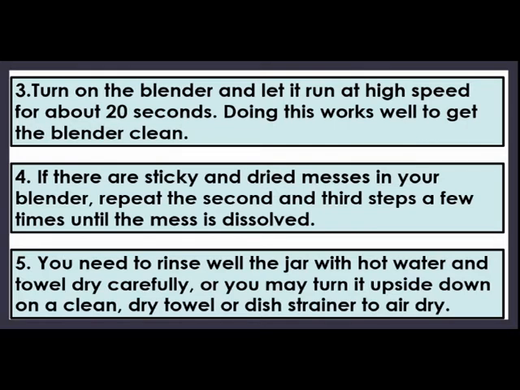So after you pour everything into the pitcher of the blender, make sure that you click the option of high speed and make it run for 20 seconds. Again, what we mean here is right after you put the water and the dishwashing liquid. Before you make this step 3, you have to plug the blender back in.